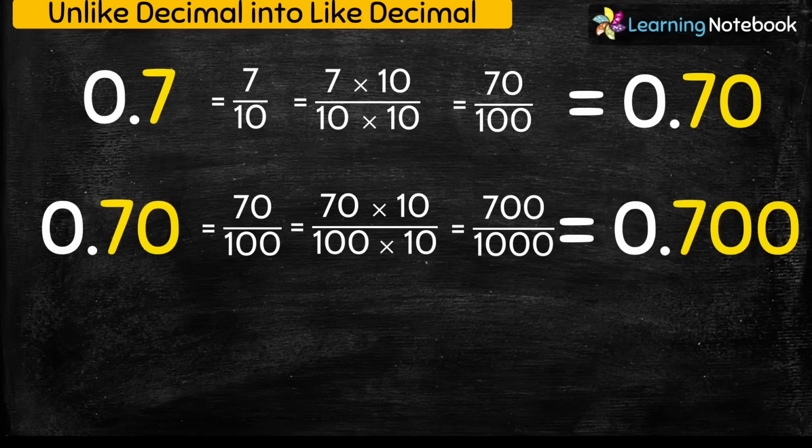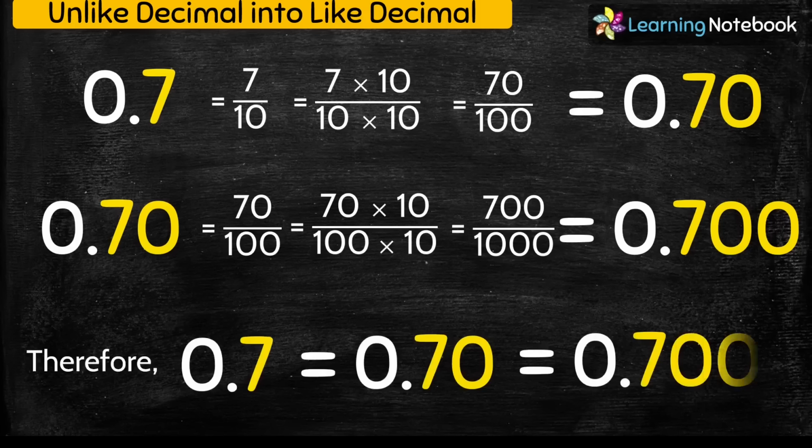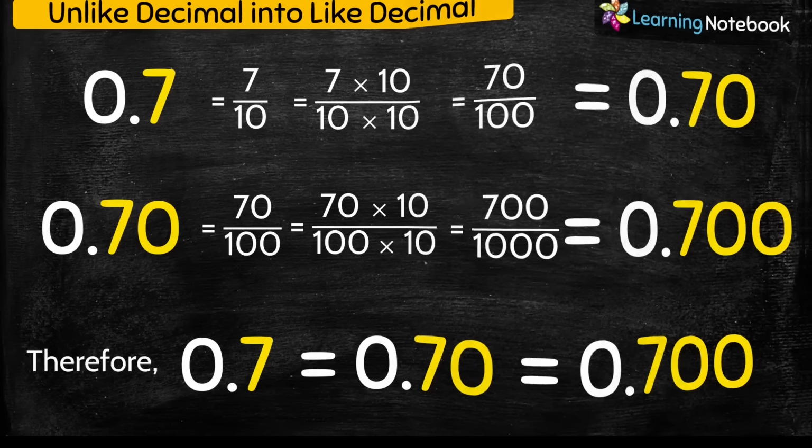So it means 0.70 equals 0.700. Therefore, we can also write 0.7 equals 0.70 equals 0.700.